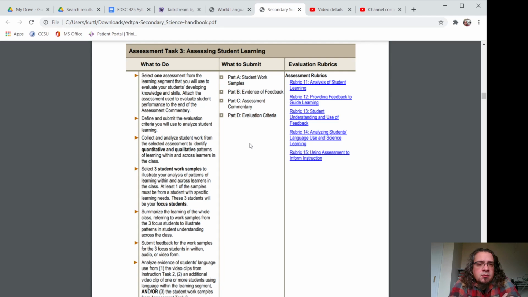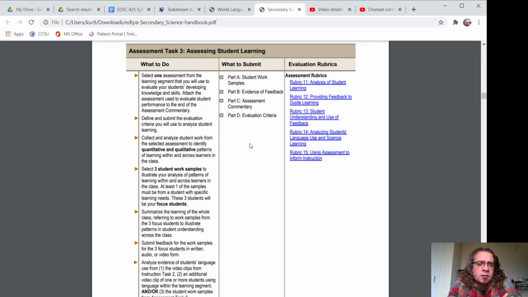Collect and analyze student work from the selected assessment to identify quantitative and qualitative patterns of learning within and across learners in the class. So obviously, just looking at numbers, percentages, how are we doing, and also qualitative patterns, just more observable things that you can't necessarily put a number to, but are still important pieces of data.